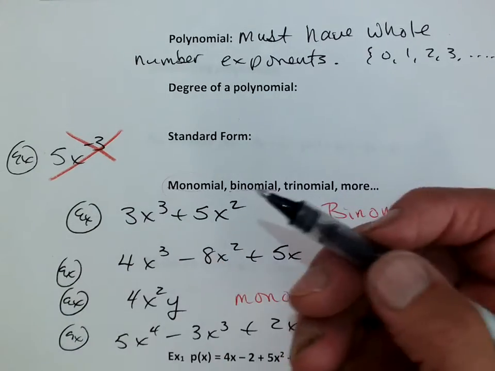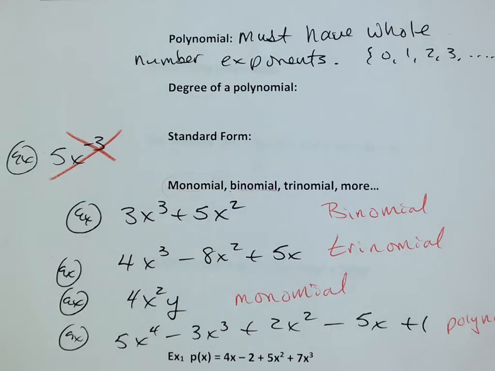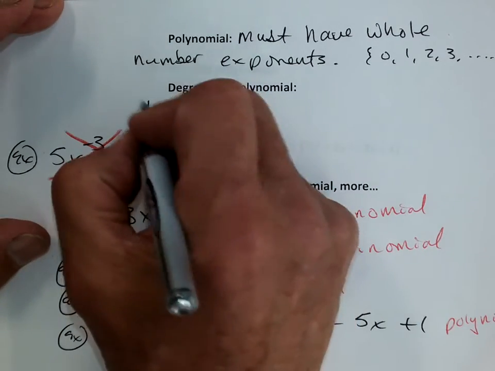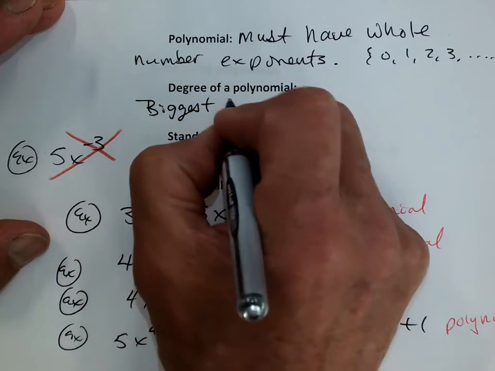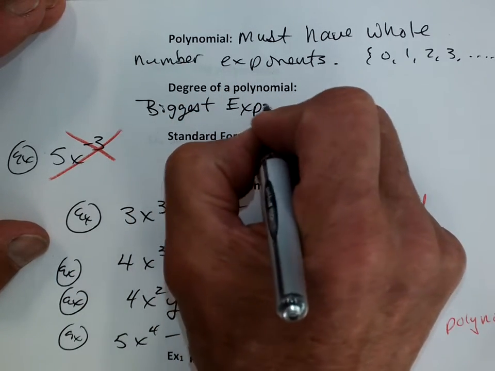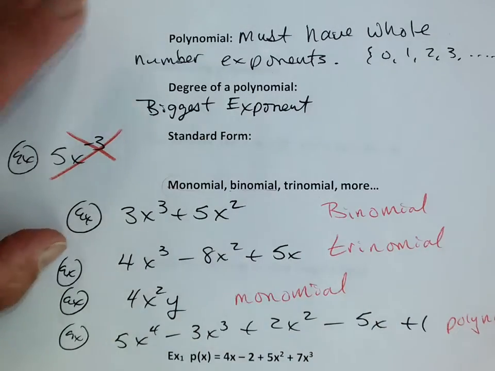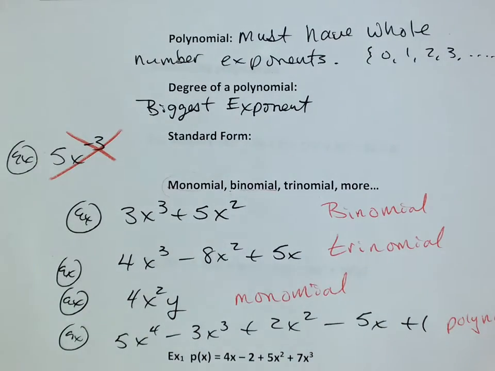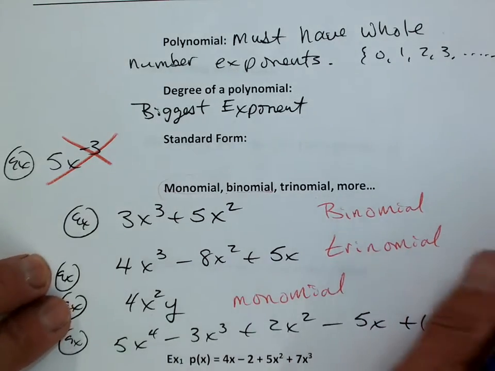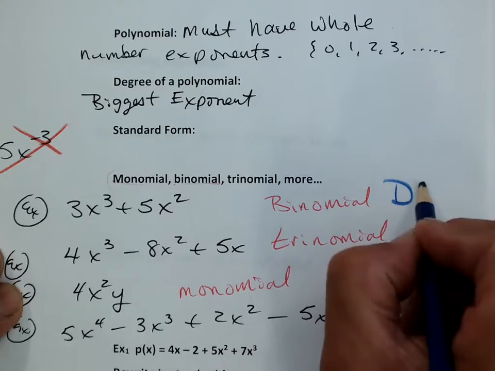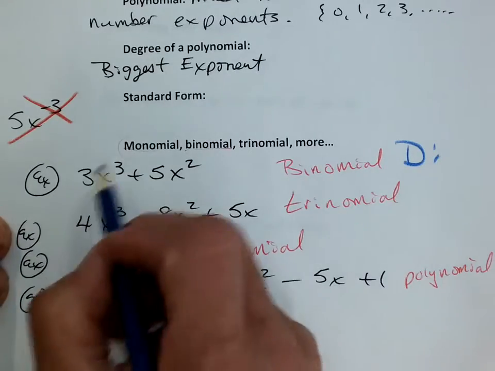All right. Now, the degree of the polynomial is the biggest exponent. And that's really helpful someday, but it's the biggest exponent. So let's go back down to my examples here, okay? So the degree, I'll put D for degree, of this one is 3.